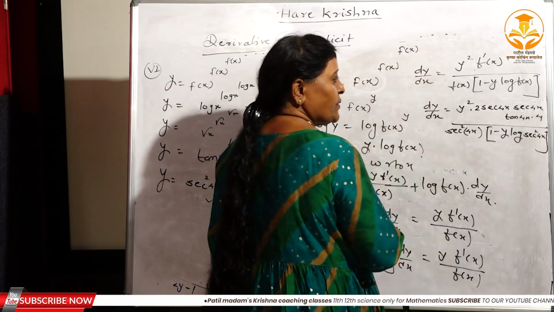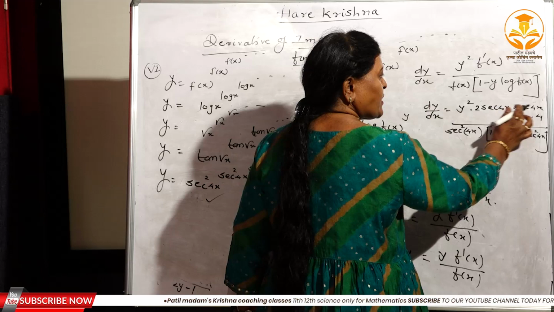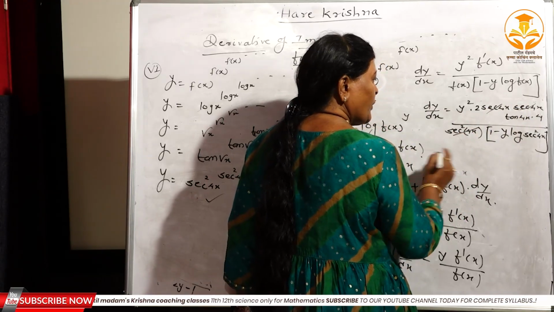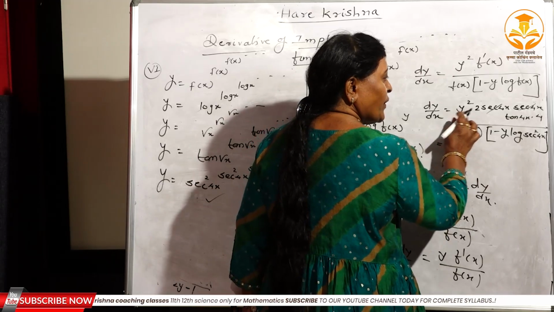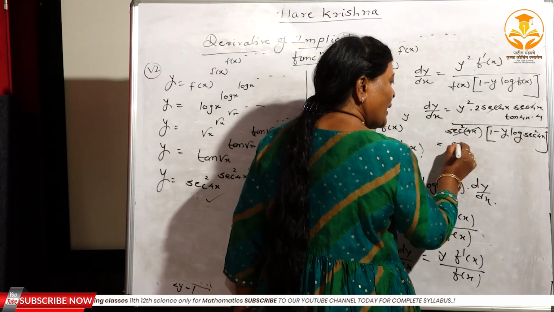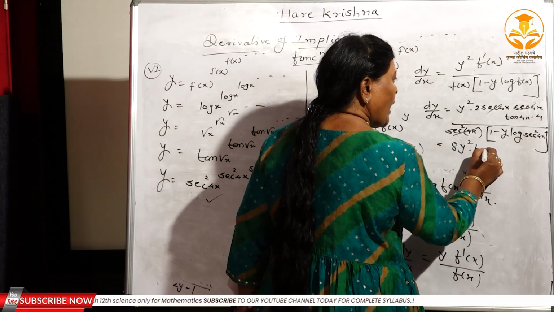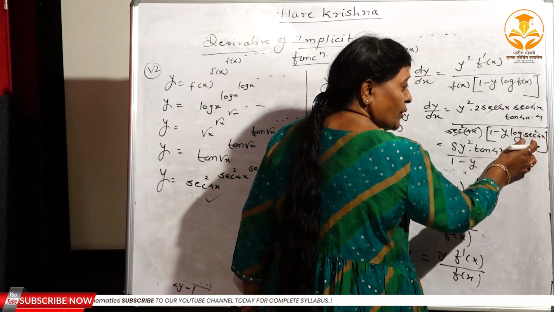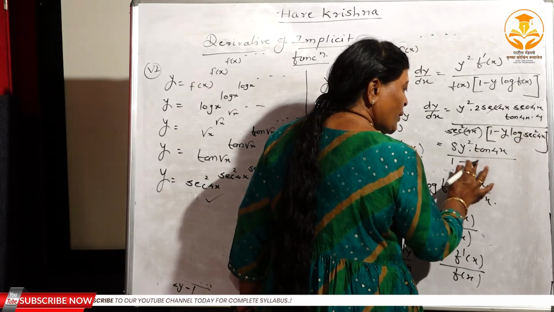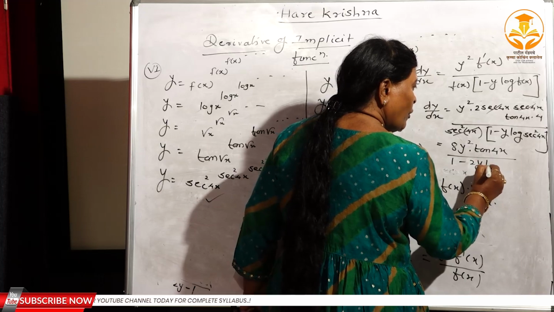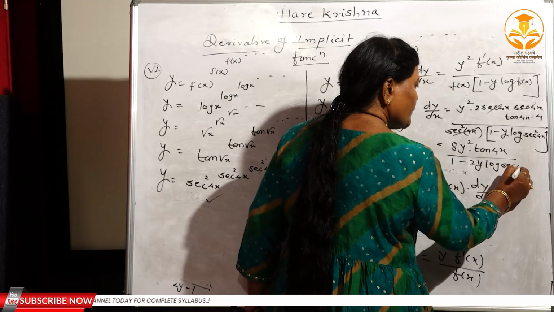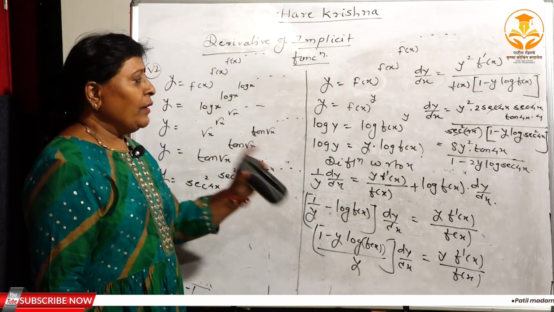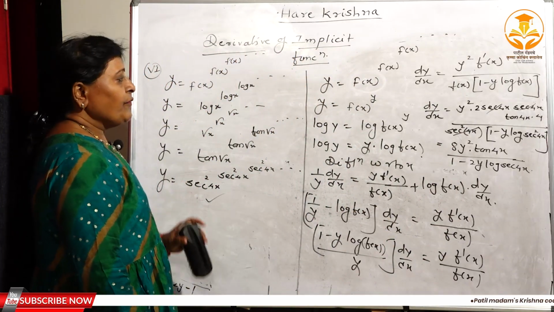If you observe this, sec square 4x and sec 4x means sec square 4x, this gets cancelled, right? What remains here is y square, 4 twos are 8, so 8y square into tan 4x divided by 1 minus y, this 2 you can bring here also, meaning here you have got 2y log of sec 4x. So this is the result, isn't it? If you directly do by this formula, then you will get the result of this fifth question.